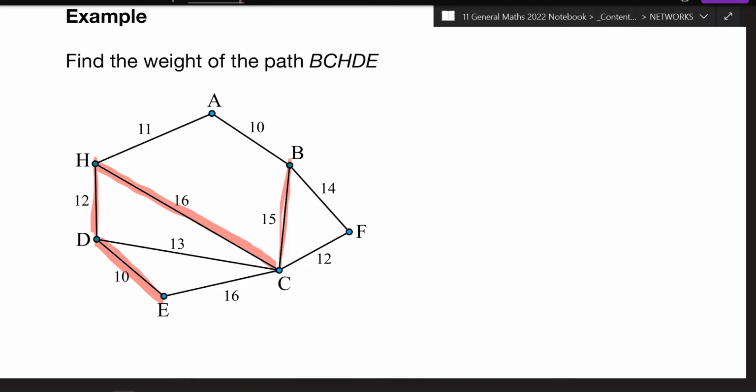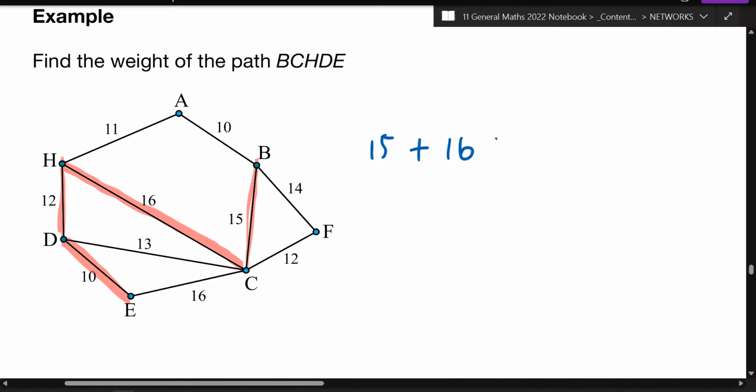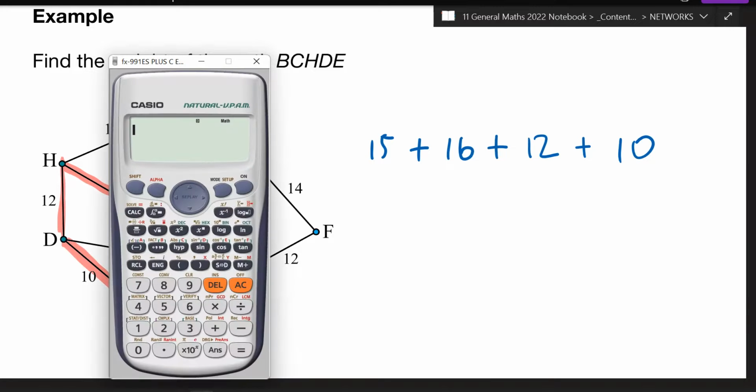And all you're doing is adding the values of all those edges. So in this case, B to C is 15, C to H is 16, H to D is 12, and then D to E is 10. Chuck it on your calculator.